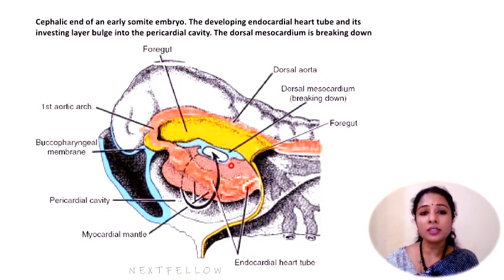The myocardial cells secrete an extracellular matrix, as we know, which is called cardiac jelly, which is rich in hyaluronic acid. And if you see this cardiac jelly, which forms the myocardial mantle here, it is like a gelatinous substance, which is secreted by the cardiac myocytes between the endothelium and myocardium of the embryonic heart, and which transforms into the connective tissue of the endocardium.